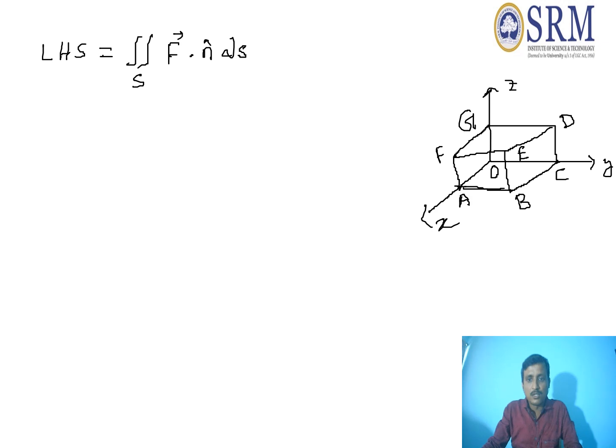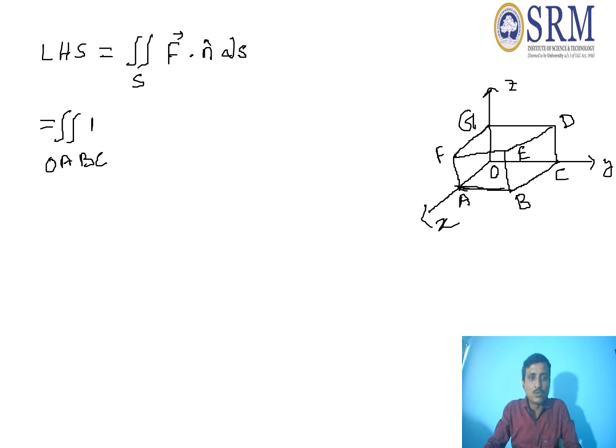So how many surfaces are there? There are six surfaces. For this one, over the surface S, what is S? S is the combination of these six surfaces. So this surface integration is basically over the six surfaces. What are those surfaces? Look at the graph and you can see one surface is OABC.